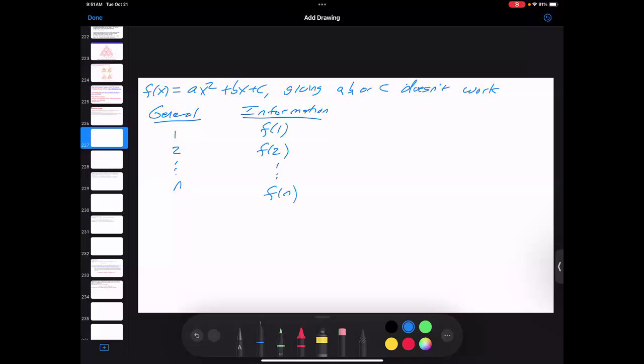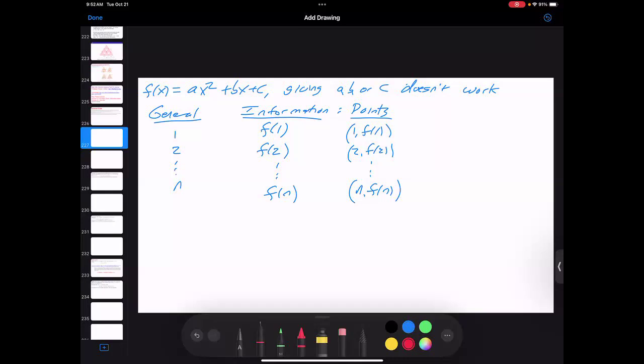And now we have n points. So the information of the points: 1, f of 1; 2, f of 2; dot, dot, dot; n, f of n. How many points determine a line? Two points, right?